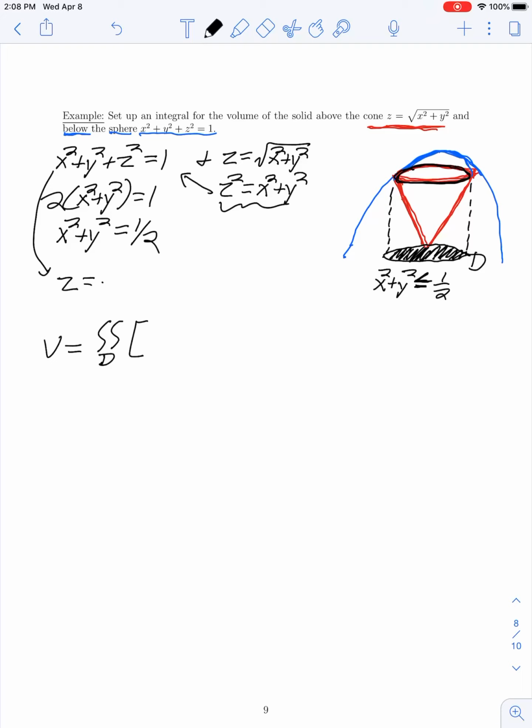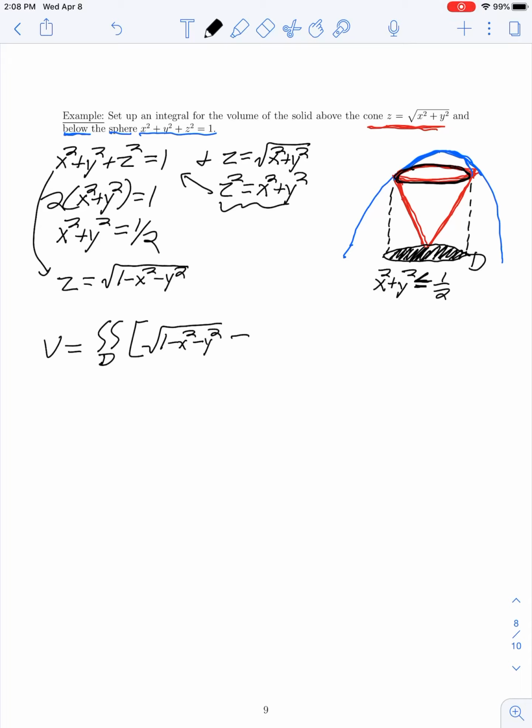So if I solve for z, I would have the square root of 1 minus x squared minus y squared for that upper hemisphere. I take the positive square root since I'm talking about the top half of my sphere. So we would have the following.